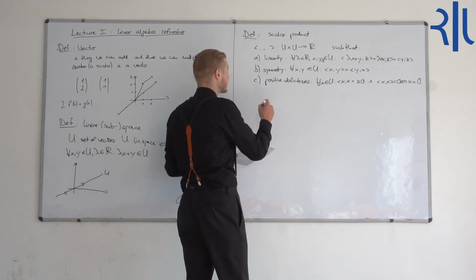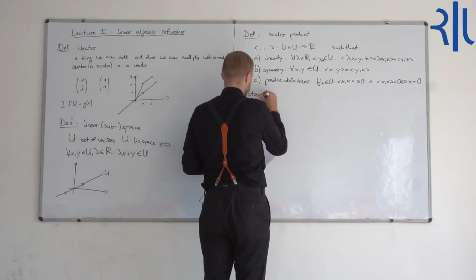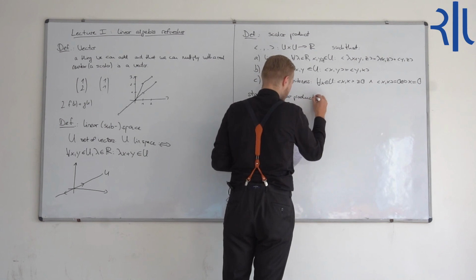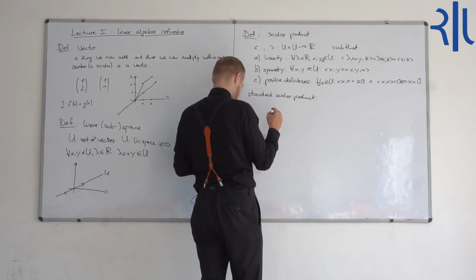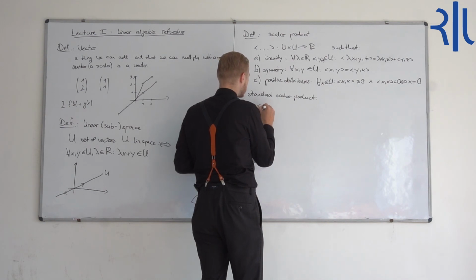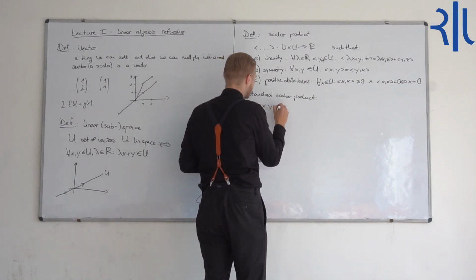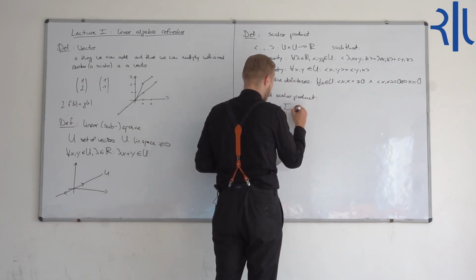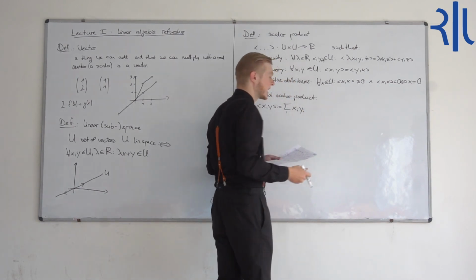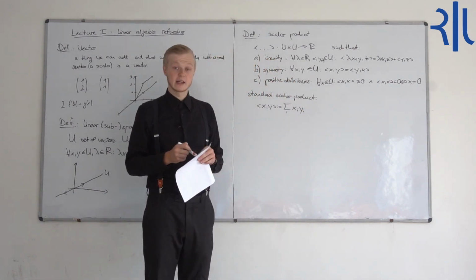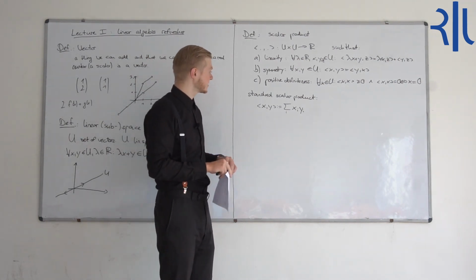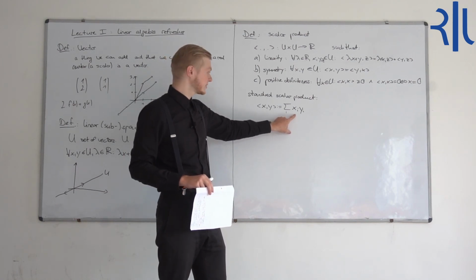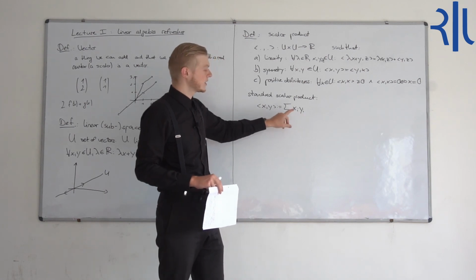So there's something that we call the standard scalar product. And that is how you might have seen scalar products in the past before, where you basically just multiply the pairwise elements of one vector with the other one, and then sum them up.